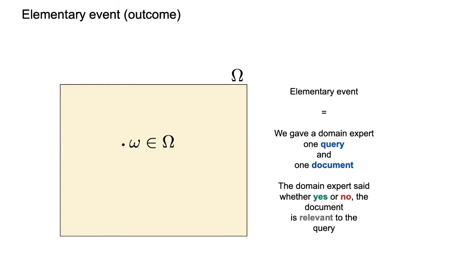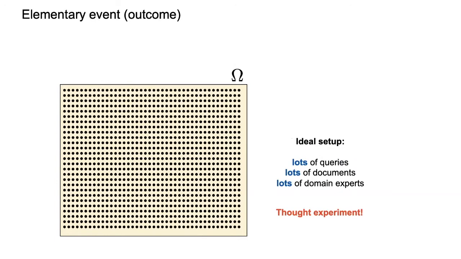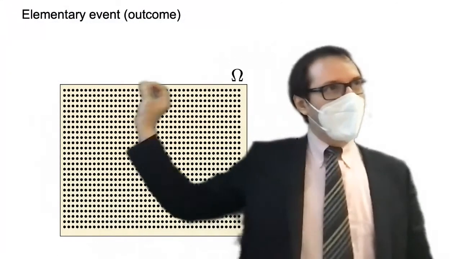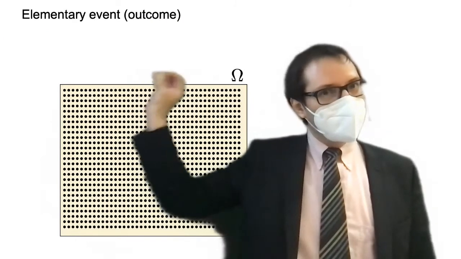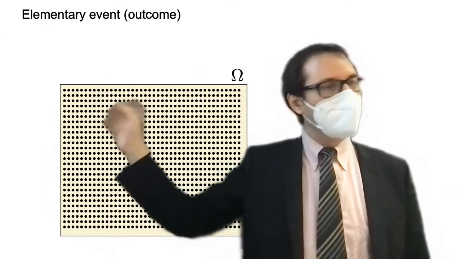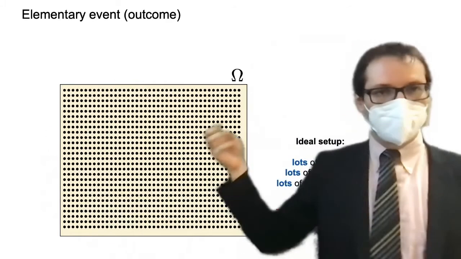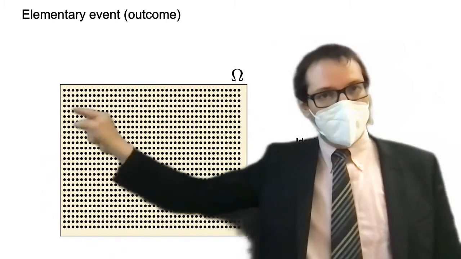So if now we go to the quintillions, that means that the omega set is absolutely gigantic, right? It has quintillions of events in there. And every one of these dots like this gives you one document, one information need, and that also includes the query that that person used to model their information need, and one relevance flag.